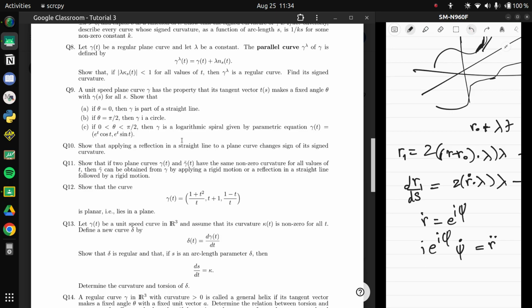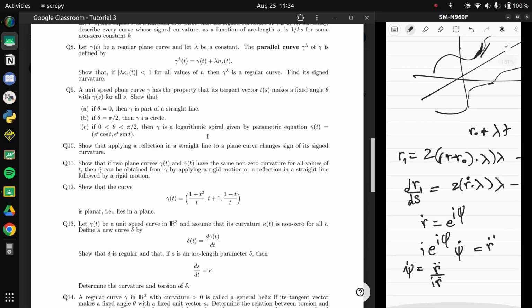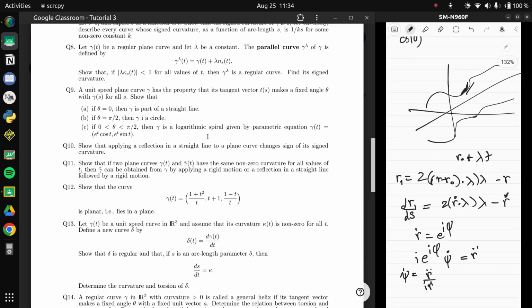So how do you find phi? Phi dot is just equal to r double dot upon i times r dot. That gives you the sign, so this is actually going to give you the signed curvature.